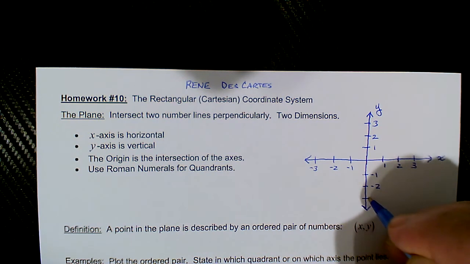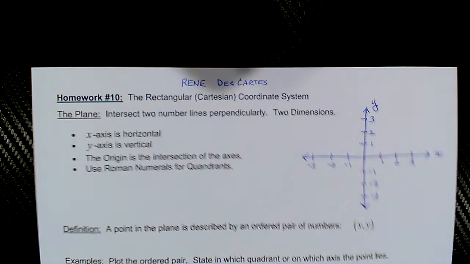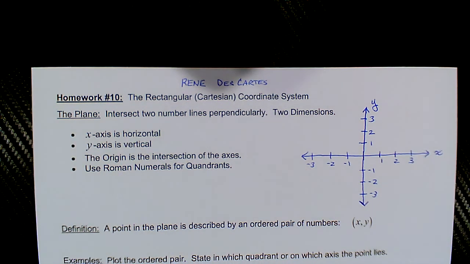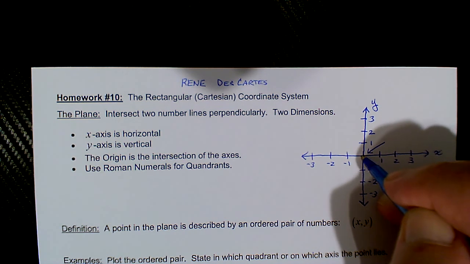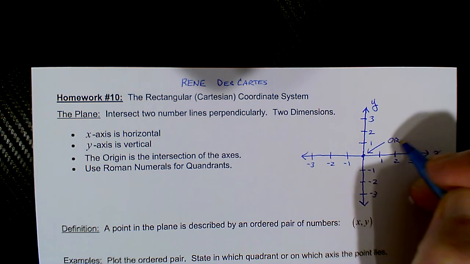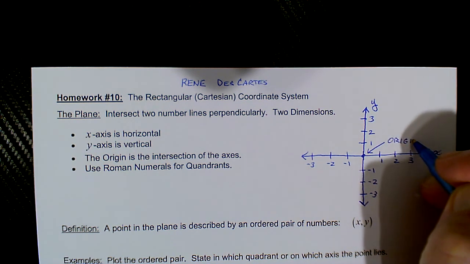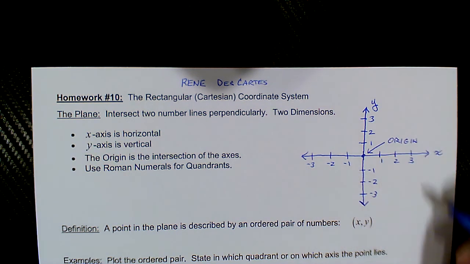So -1, -2, -3, and so on in that direction. And then we define the origin, and the origin is where the two axes intersect. So there I've actually marked it as a point, and we'll define that momentarily, but that's the origin.